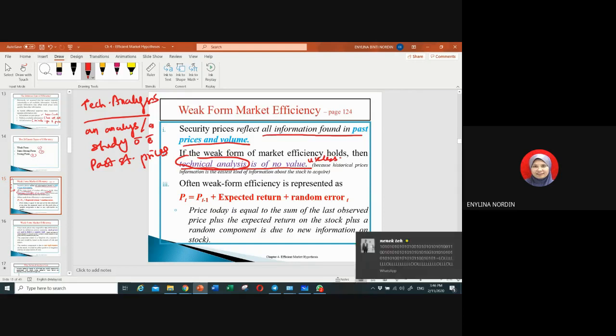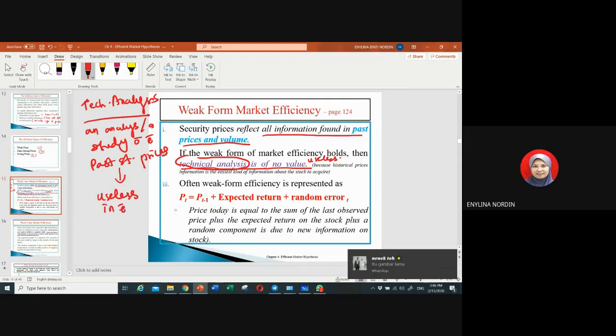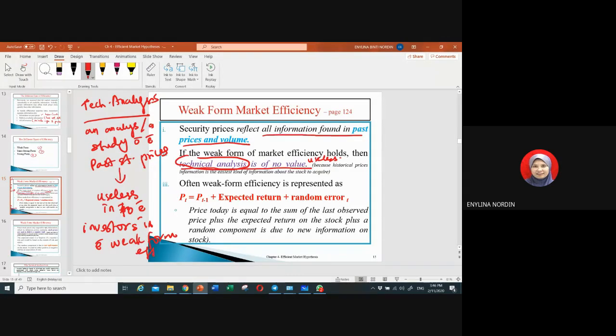So if you are using this technical analysis, it is actually of no use. It is useless to the investors in the weak form efficiency.